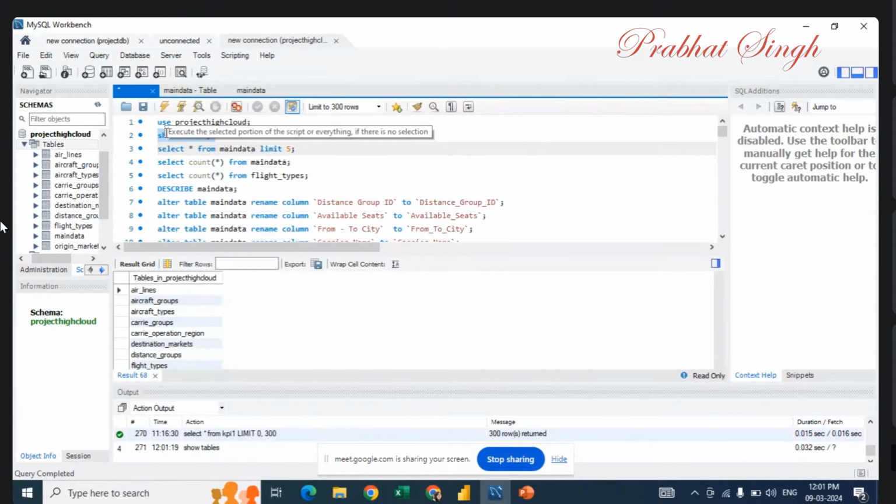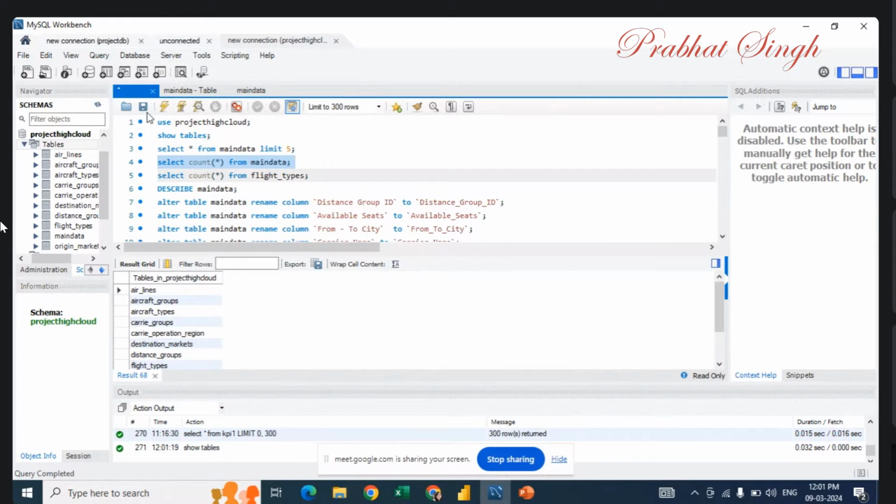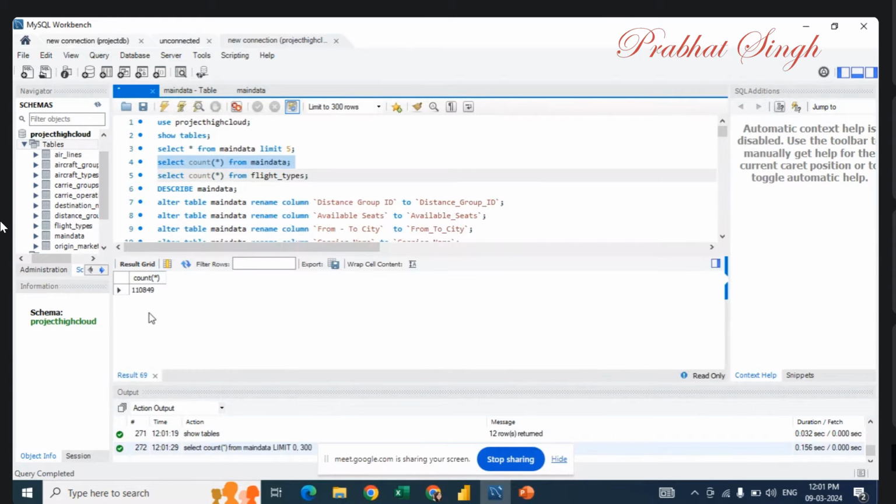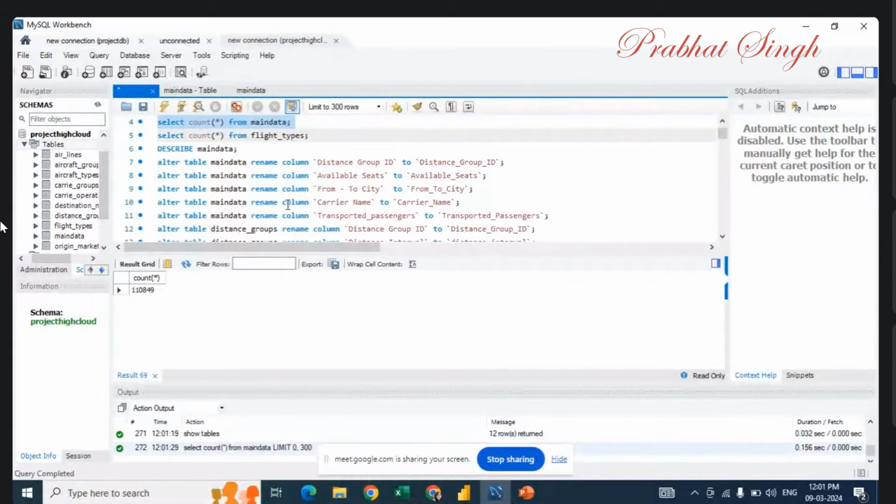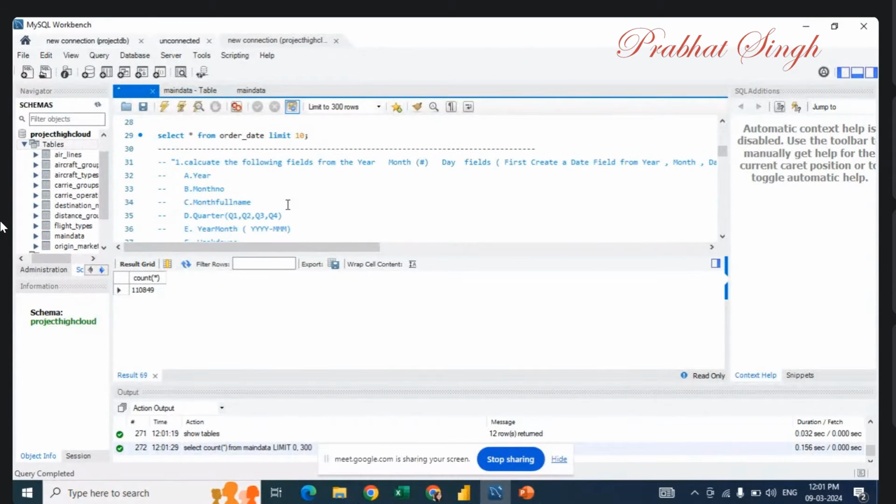So these are the tables that are present, and we have loaded them correctly. The count of main data is around 11 lakhs. Now I'll be going to the query.